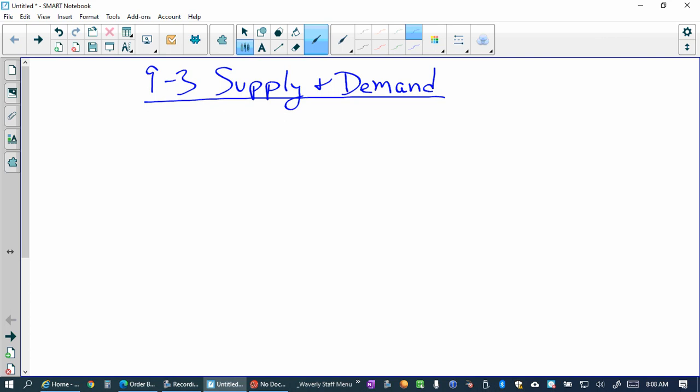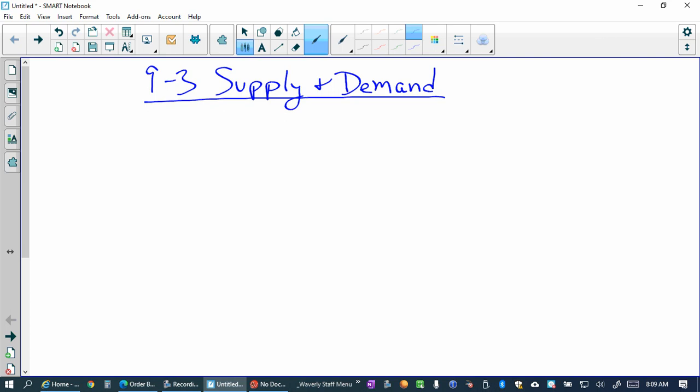What do you think would be one of the biggest determinants of how much of a product that you demand? The price. There you go, price. So price is the main determinant of how much of an item you would demand, and it's also the main determinant of how much somebody would be willing to supply, right?